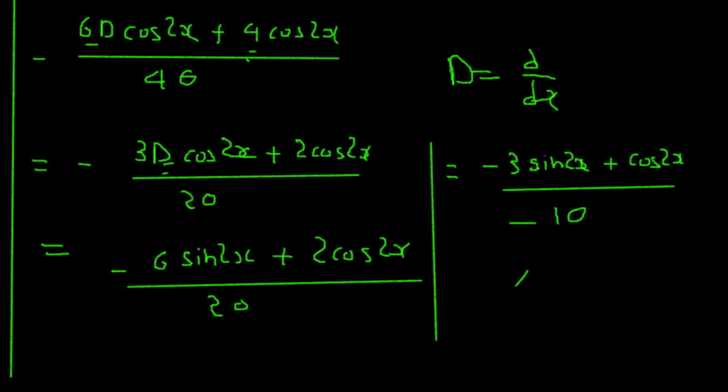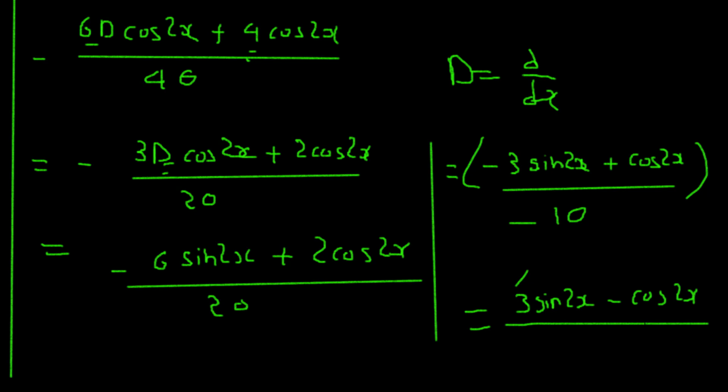Yeah, there was one mistake. We are going to put the bracket here, and we're going to leave this thing here only, but let me just multiply this minus sign into this, so cos will be in minus, so it will look like 3 sine 2x minus cos 2x upon 10.